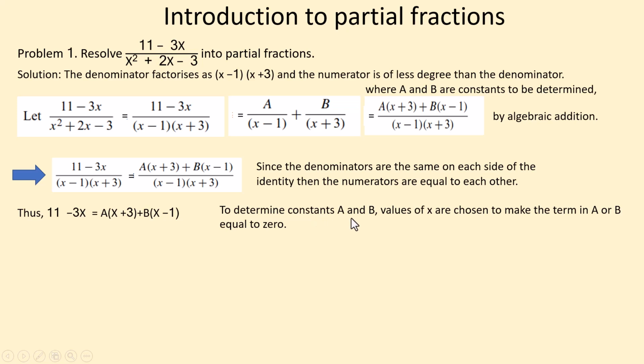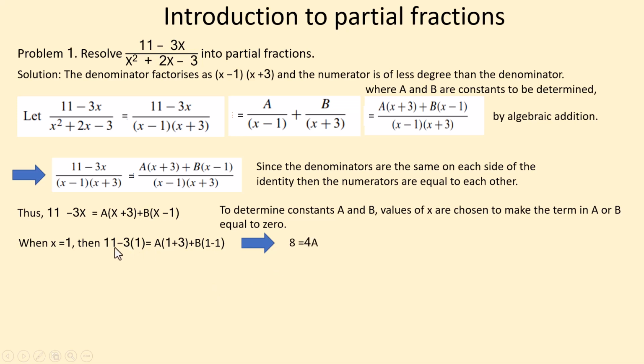To determine constants a and b, values of x are chosen to make the term in a or b equal to 0. Which value gives us this condition? If we assume x equals 1, then 11 minus 3 times 1 equals a times (1 plus 3) plus b times (1 minus 1). This term becomes 0.